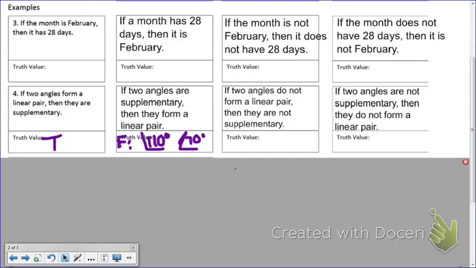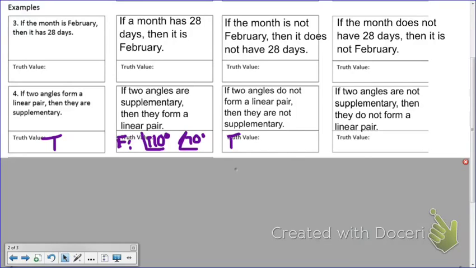If we look at the inverse, if two angles do not form a linear pair, then they are not supplementary. If we think about this one here, if they are not a linear pair, then they are not supplementary, but that's not necessarily true because they can be supplementary without forming a linear pair.